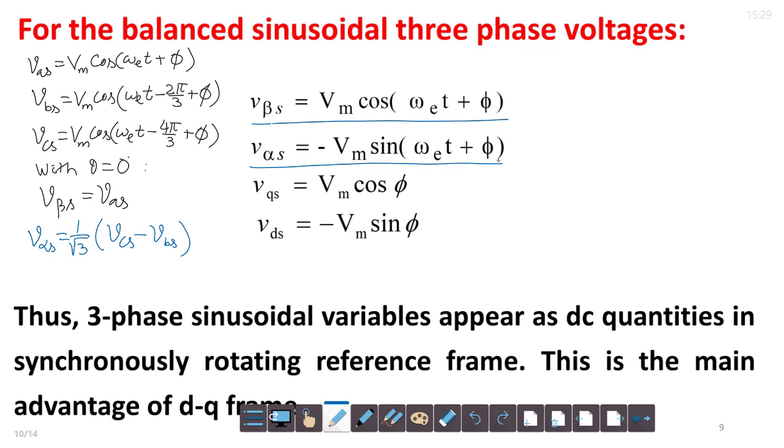So, now the 3 phase voltages are transformed to 2 phase voltages V alpha and V beta.